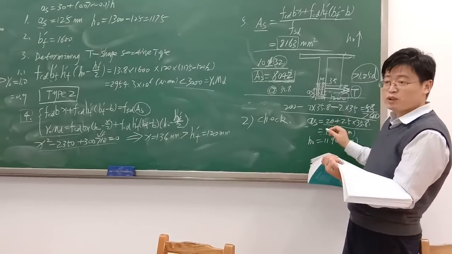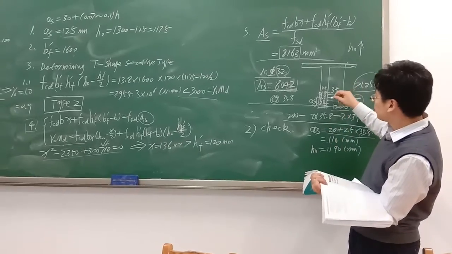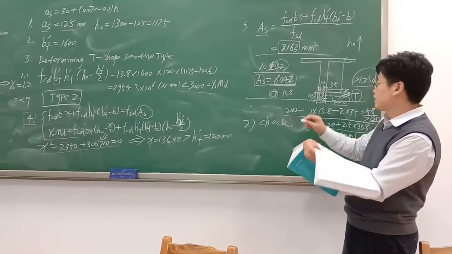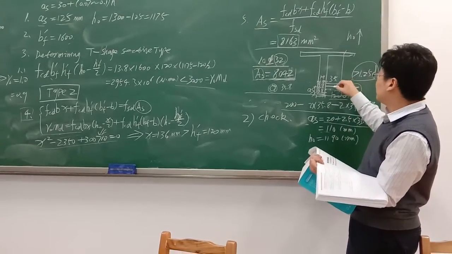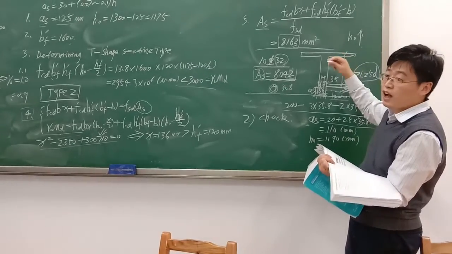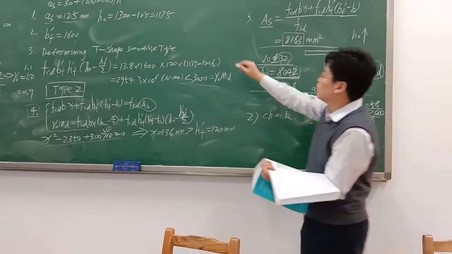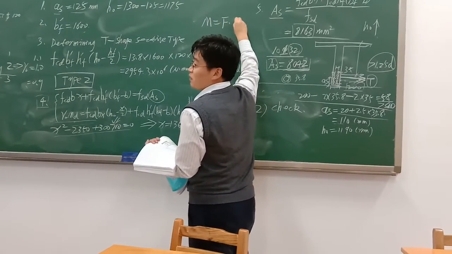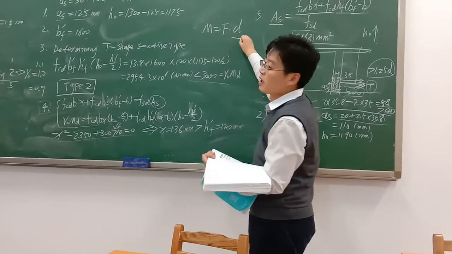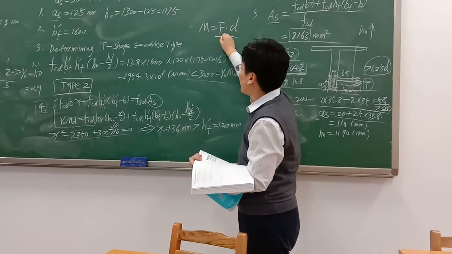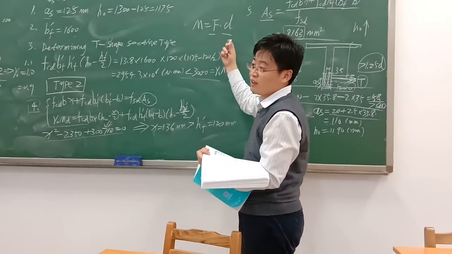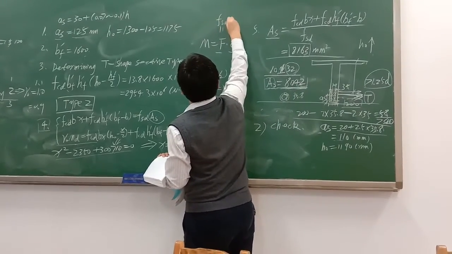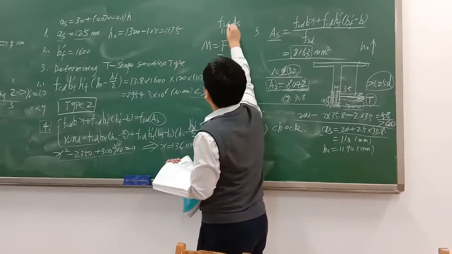What does that mean? That means H0 becomes larger, so for the tensile force, the arm becomes larger. We know F equal to F-D. Now D becomes larger, so F can become a little bit smaller. F equal to FSD AS.